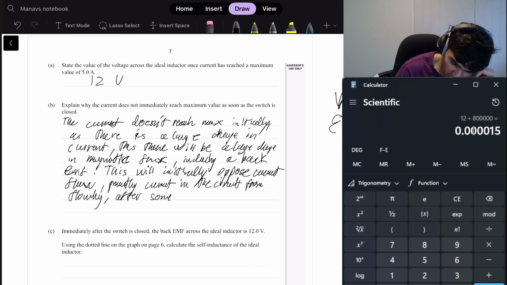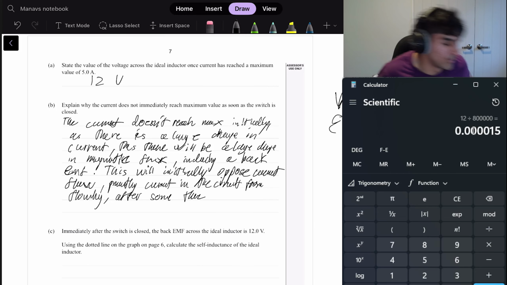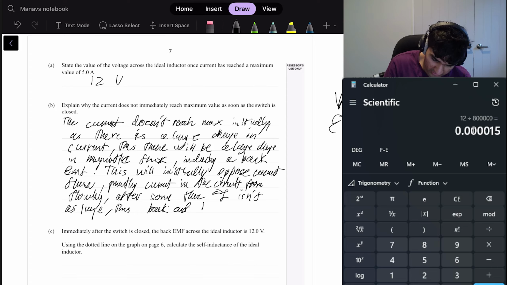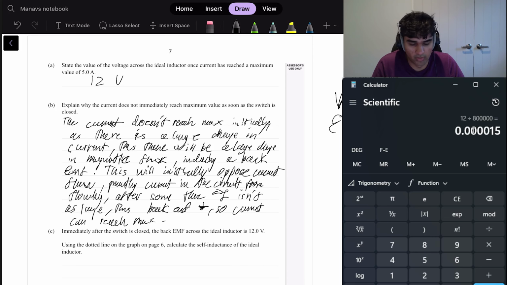After some time, delta I isn't as large, thus back EMF decreases, so current can reach max. Yeah, I could probably state that way nicer, but oh well.